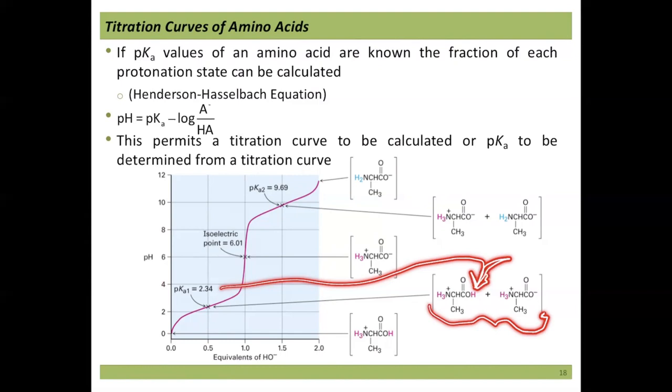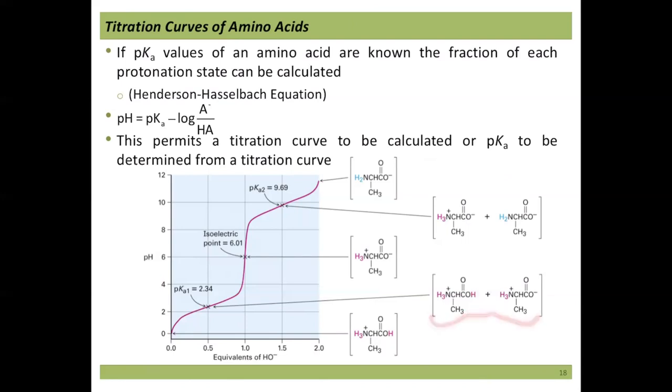Now that is more acidic than a typical carboxylic acid, which is closer to 5. And the reason that amino acid carboxylic acids are more acidic is due to the amine group pulling electrons away, therefore making it more acidic. So we have this 50-50 mixture, and then as we keep adding base, eventually we get to the point where all of the acid has been deprotonated.